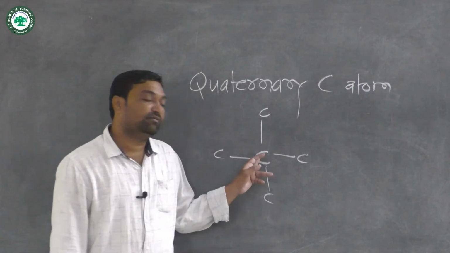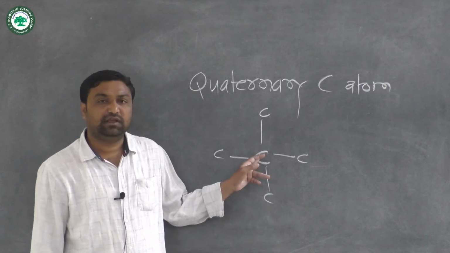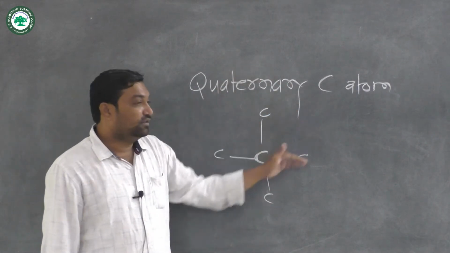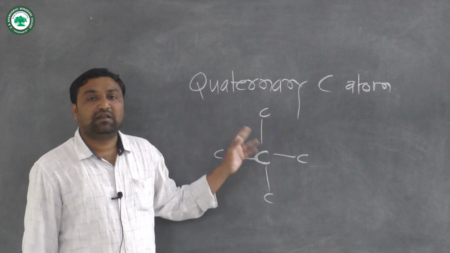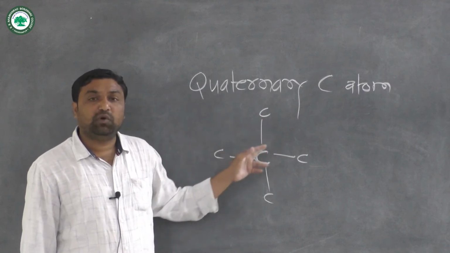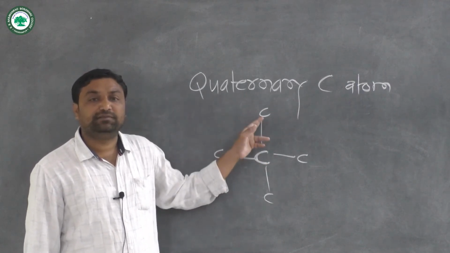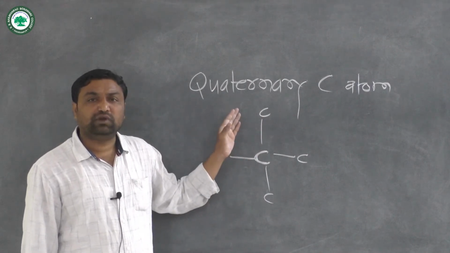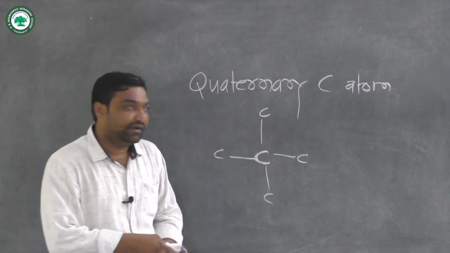This carbon atom is called a quaternary carbon atom. Okay, this is about the types of carbon atom. Now, depending upon these types of carbon atom, we have to classify alkyl halides.